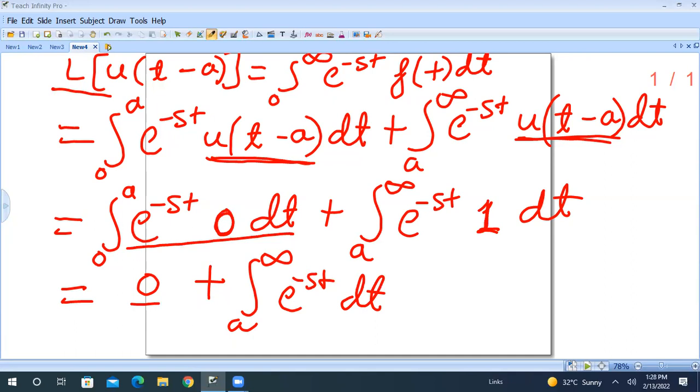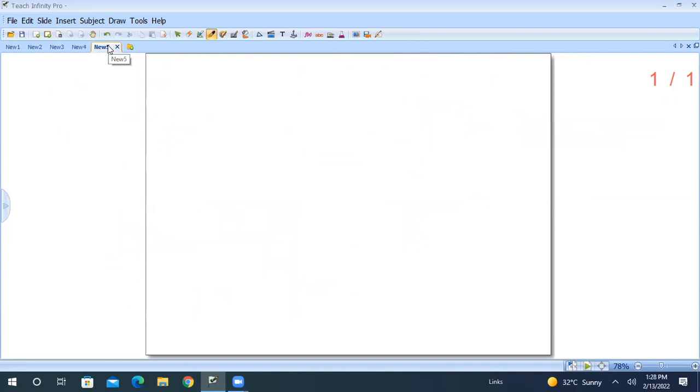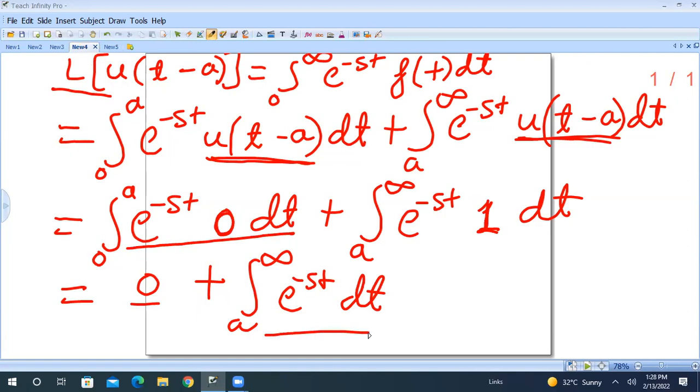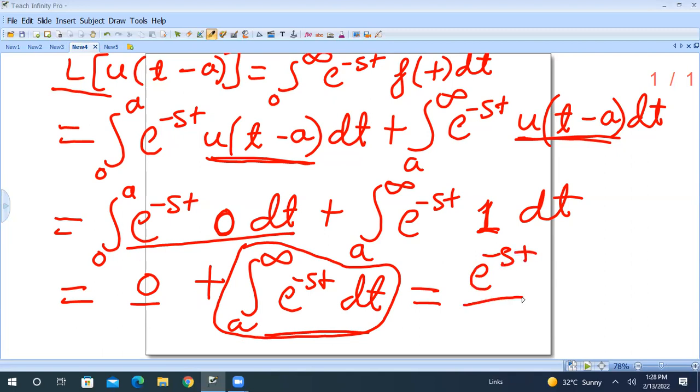In the next slide, we will have 0 plus, and if we integrate this whole term once again, what will be our answer? We will get e to the power of minus st divided by minus s, with the limits infinity to a.